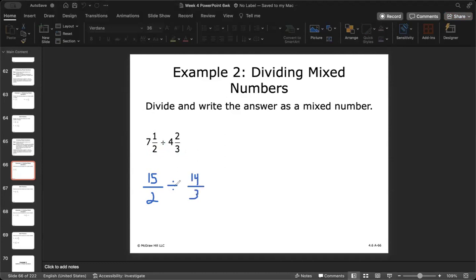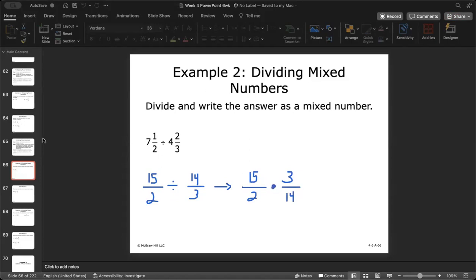Okay. Now we have a division symbol here. So how do we deal with that division? Well, the division symbol says change the second fraction, always and only the second fraction. What you do is you flip it around. So the 15 over 2 remains the same, but this one here, you flip it. So it flips to 3 over 14, and then you change the division symbol to multiplication.